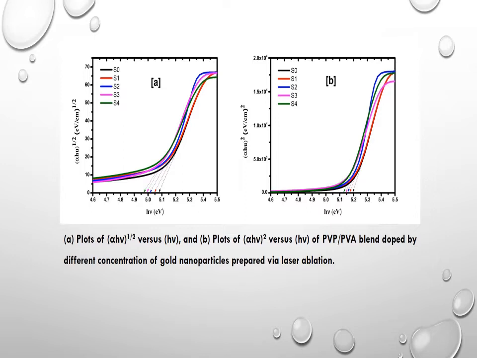It was 5.07 electron volts, and by increasing the doping of gold nanoparticles, it decreased to 4.93.